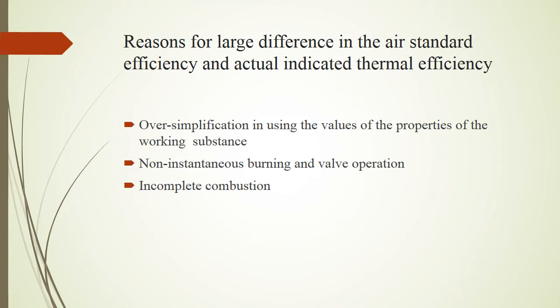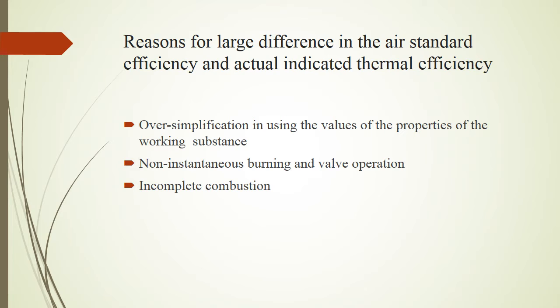So you can analyze the difference between the efficiencies. For the actual engine we are obtaining 30%, and for the air standard cycle we are obtaining an efficiency of the order of 54%. So a large divergence is there, and that is due to the simplified assumptions.